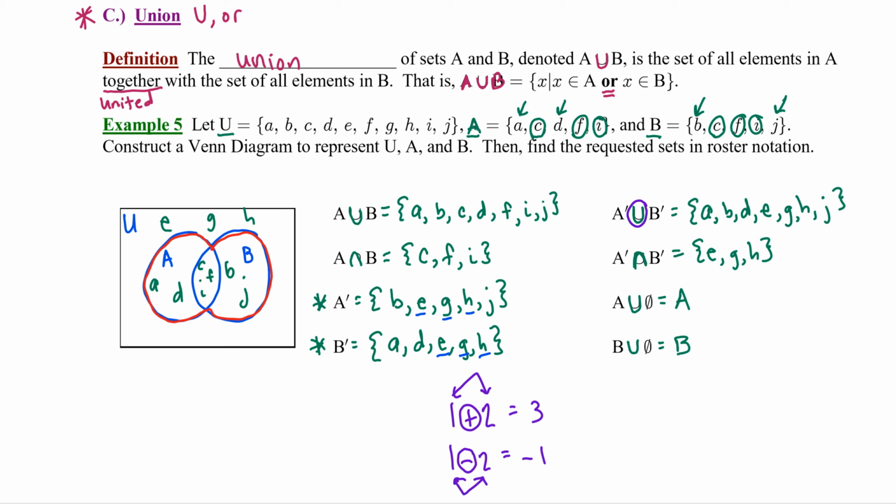It is a coded set of instructions that tell me how to combine those two things. And when the symbol changes, it tells me a different way of combining those two elements. So it's important to recognize those symbols and be able to associate it with the correct procedure for combining the elements in those two sets. So complement, intersection, and union are our set operations. And again, we will see these in Chapter 3 in logic.